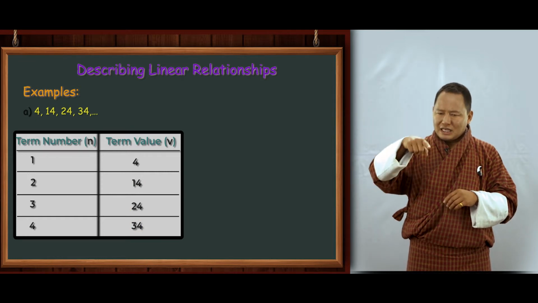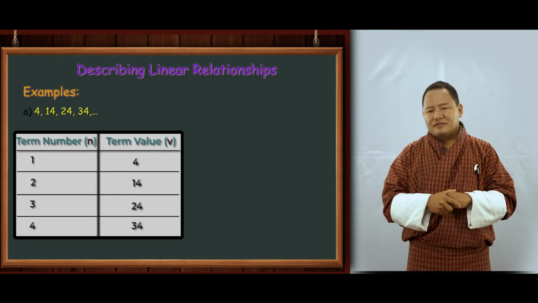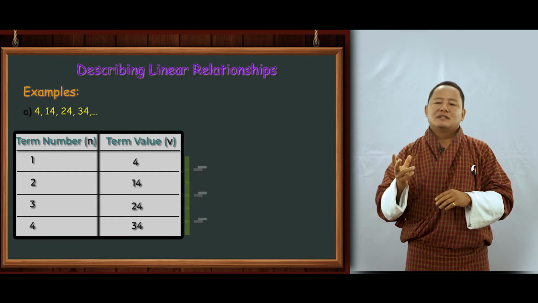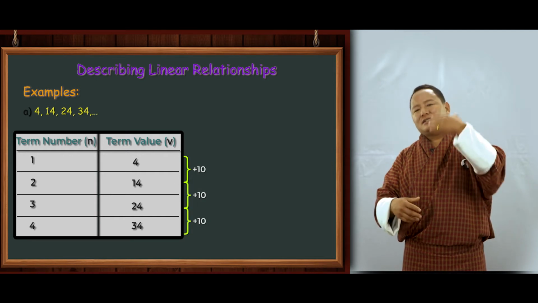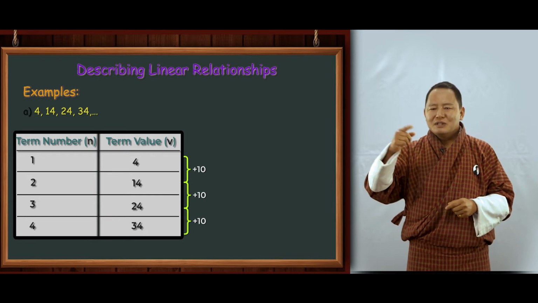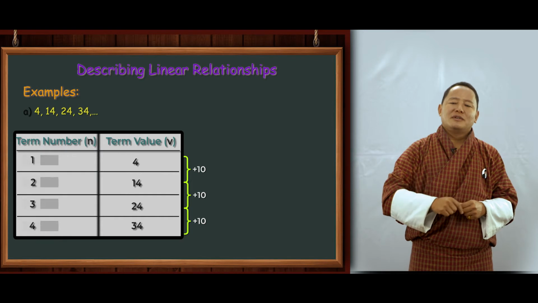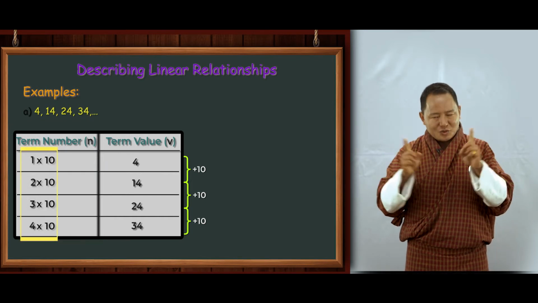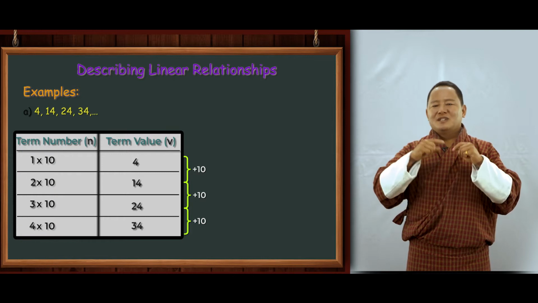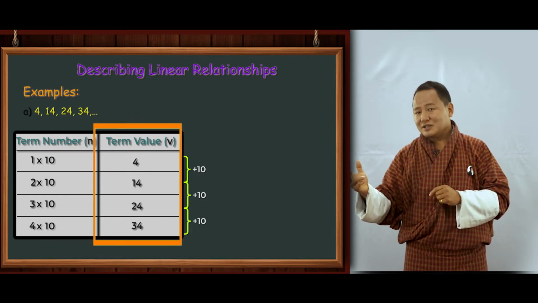Now if you look at the difference between the successive term values, the difference is 10. Am I right? So now, as in the earlier case, this 10 will serve as a numerical coefficient which will be multiplied with the term number n. But when these two get multiplied, we are supposed to get the term value, but this does not actually happen.